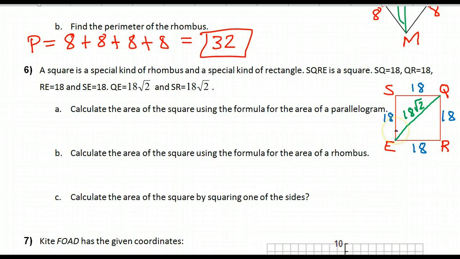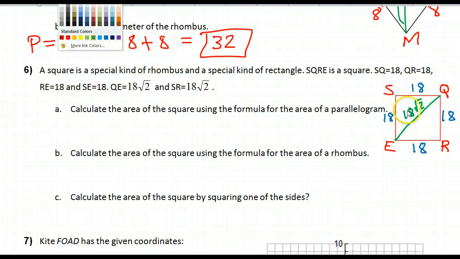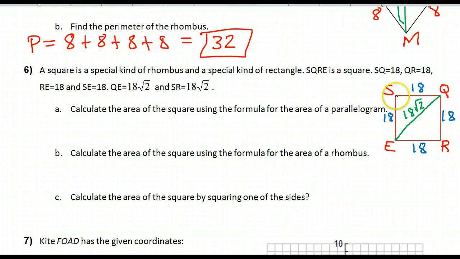That's one of the diagonals. And we're also told that SR is 18 radical 2. And we could have known that because a square is also a rectangle, and you know that in rectangles the diagonals are the same. So we knew that both diagonals would be the same, in this case 18 radical 2.